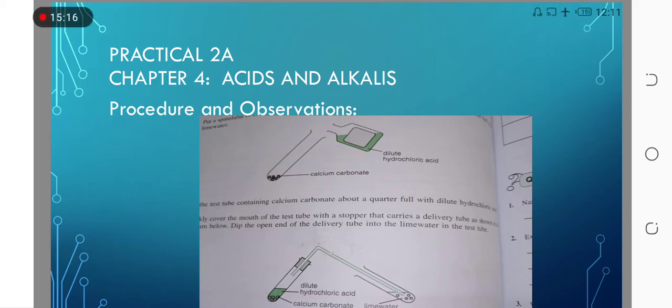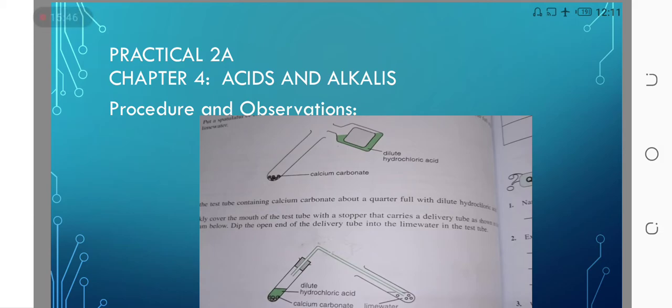After that you have to fill another test tube a quarter full with lime water. Then in the next step, fill the test tube containing calcium carbonate about a quarter full with dilute hydrochloric acid. In the third step, quickly cover the mouth of the test tube with a stopper that carries a delivery tube.